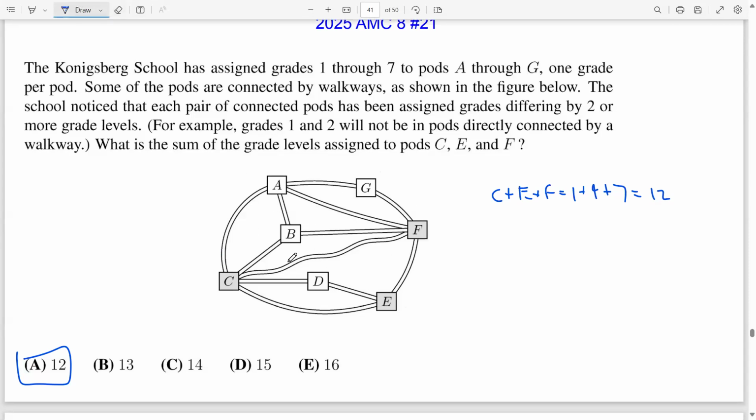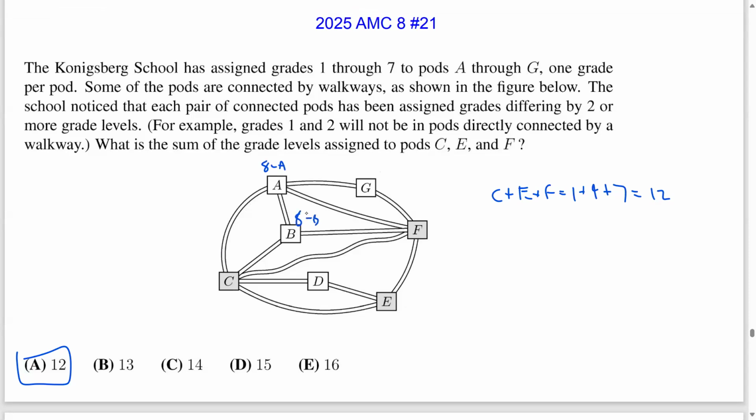Given a valid assignment of grades to the pods, if I replace each grade with that number subtracted from 8, so A becomes 8 minus A, B becomes 8 minus B, and so on, this is also going to be a valid assignment of grades to the pods.